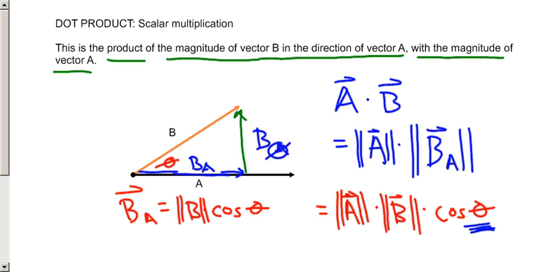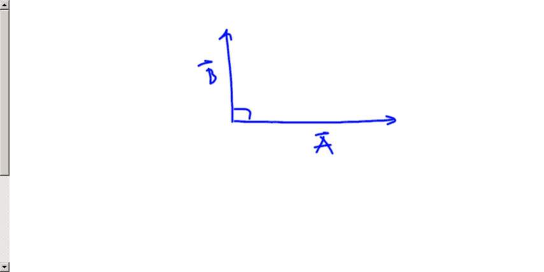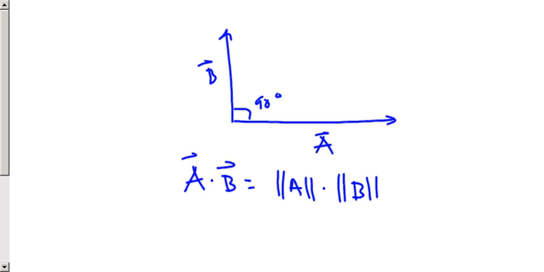If the angle is 90 degrees, let's think about that. What happens if we have A and B at a 90-degree angle? Well, A dot B is going to equal the magnitude of A times the magnitude of B times cosine of 90, which is 0.